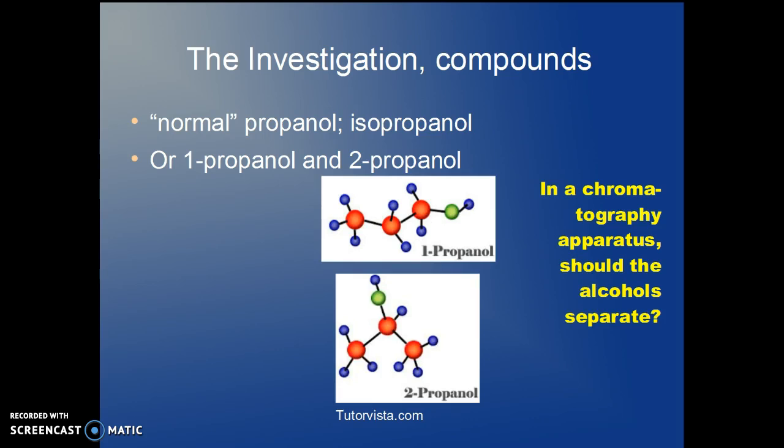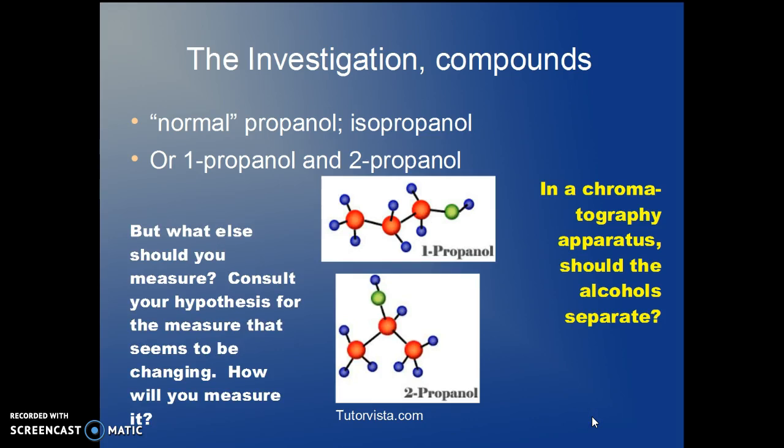We've separated solutions or suspensions in that way, but say in a gas or liquid chromatography apparatus, should these two alcohols show peaks of separation? And remember, you want to measure something else about these structural models and see if you can make a correlation between that something else and either the boiling point or the chromatography separation.